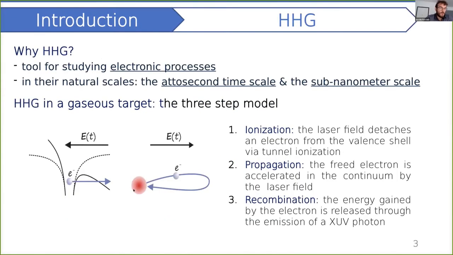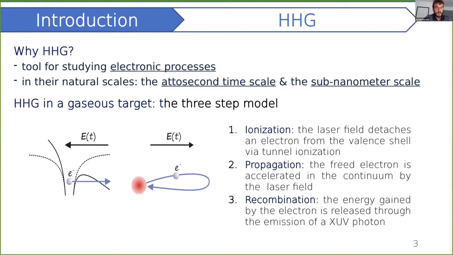So, well, you all know why it's interesting to use HHG as a spectroscopy tool. By exciting matter with a strong laser field, we can study electronic processes in their natural scales, the attosecond time scale and the sub-nanometer scale. The HHG process triggered by the laser in a gas target can be easily understood within the semi-classical three-step model that you all know. An electron is first detached from the valence state of the system.